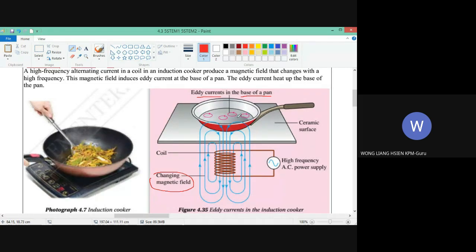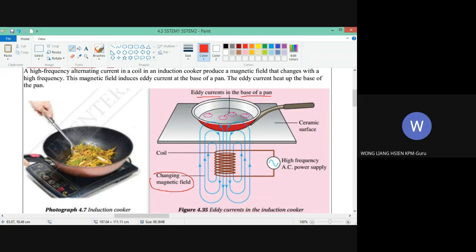The induction cooker produces a changing magnetic field. The changing magnetic field induces eddy current in the pan, and the eddy current, through overcoming the resistance in the pan, produces heat energy. So the pan itself produces heat energy.